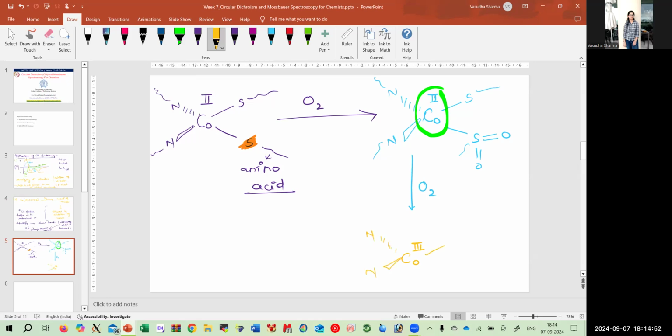These things remain constant. Now, since it is a cobalt 3, when we are taking the ligand over here, this becomes a metal which is having more oxidation state, and thiolate, we know, has electron density which it can transfer to the cobalt.